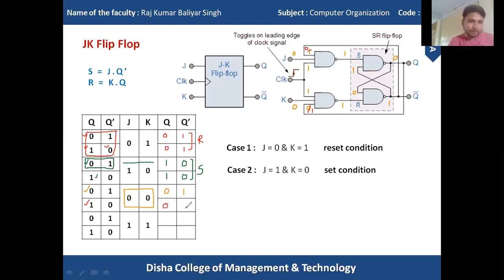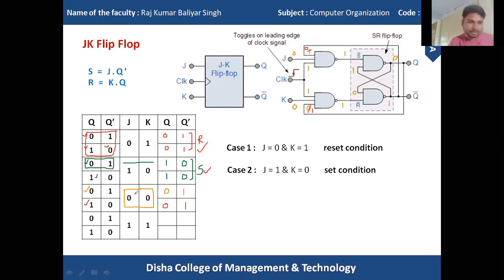If we compare these two lines, the q and q naught values are completely changed when we change the values of j and k. We are not determining, we are just determining the new state. So the first state is called the reset condition, reset state, and the second is called the set condition or set state.